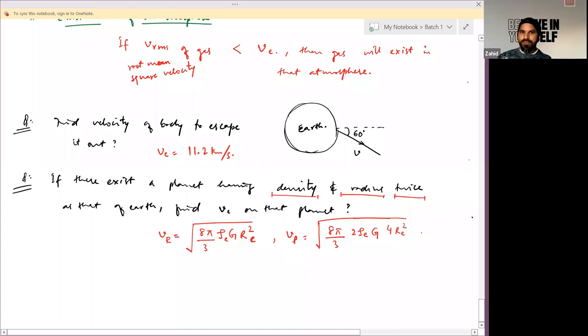Now, to relate these two terms, just divide them. So V P divided by V E. All terms would get cancelled out, and you will be left with root under 8 divided by 1, so we may write 2 root 2. Move this denominator to the right side. So the escape velocity on that particular planet will be 2 root 2 times the escape velocity at the surface of Earth. Is it clear?